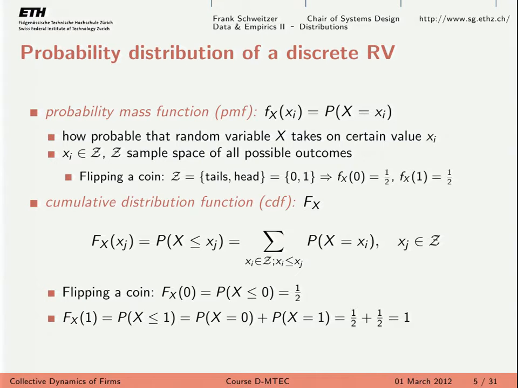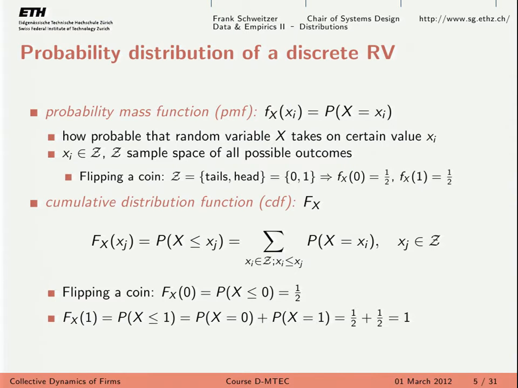What we do here is we sum up all the values of this probability mass function up to this level, xj, and the cumulative value, that means the sum of all of these, gives me this probability. So in the example of flipping a coin, it's very clear.